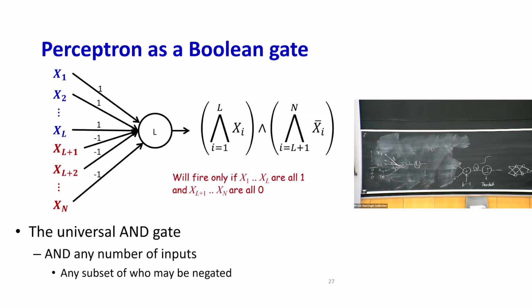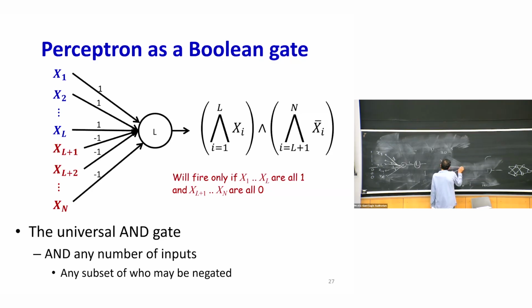Now I can flip this. I can construct a unit which does the exact opposite, which means that it will fire if any one of the first L is 1, or if any one of the remaining is 0. So how can I do that, right?